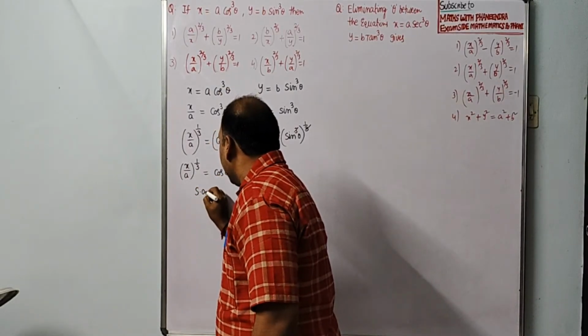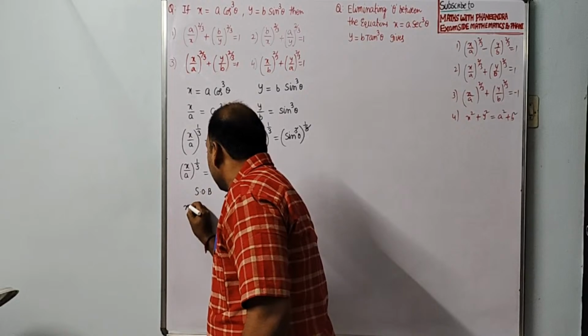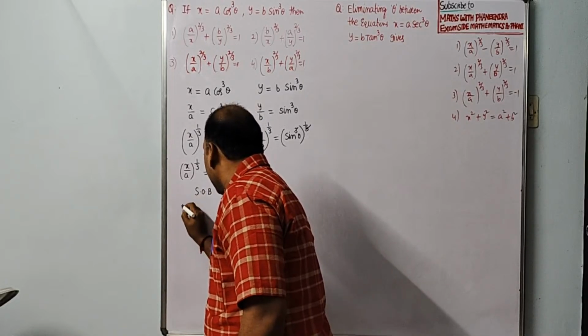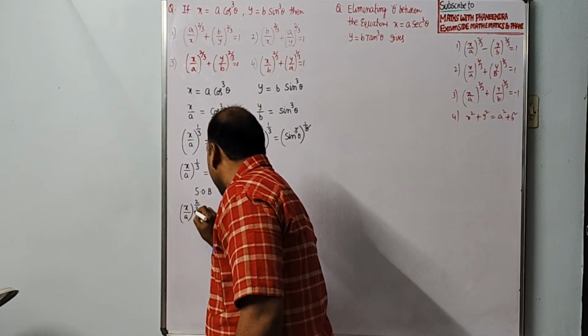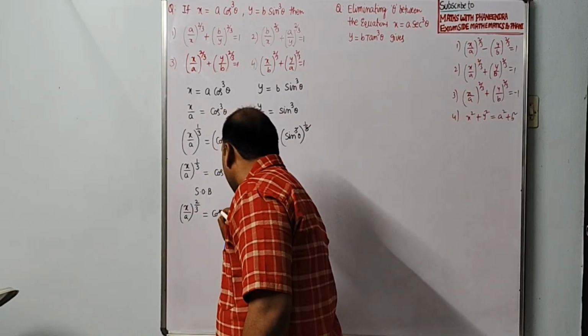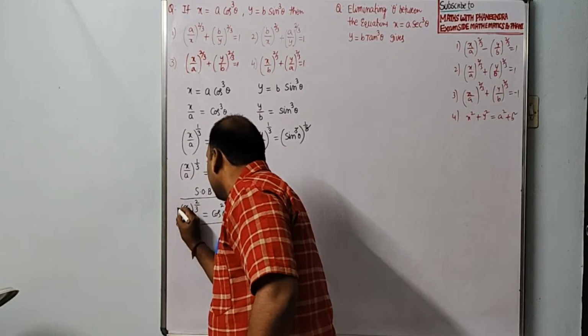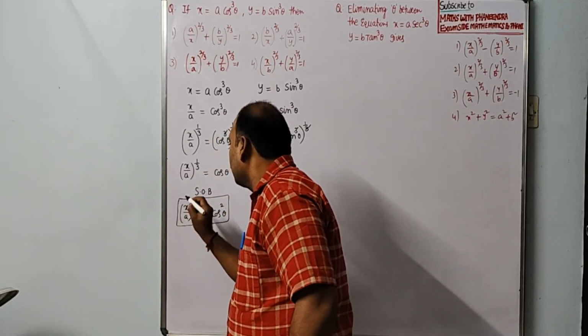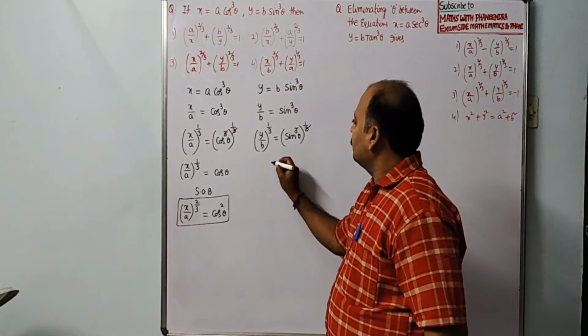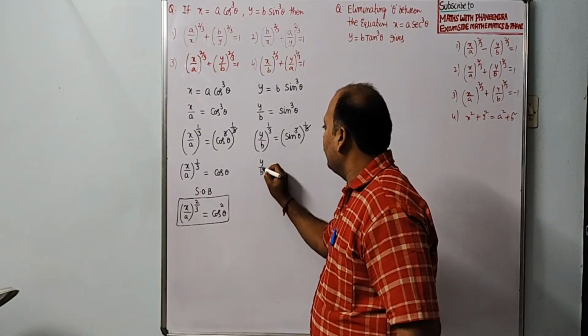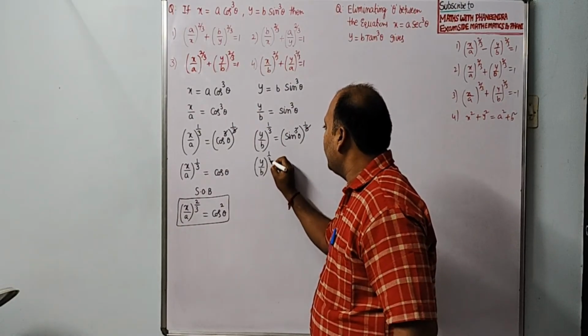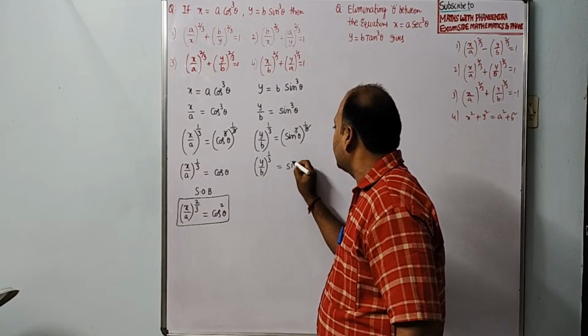Squaring on both sides, x by a whole power 2 by 3 is equal to cos square theta. Here also, y by b whole power 1 by 3 is equal to sin theta.